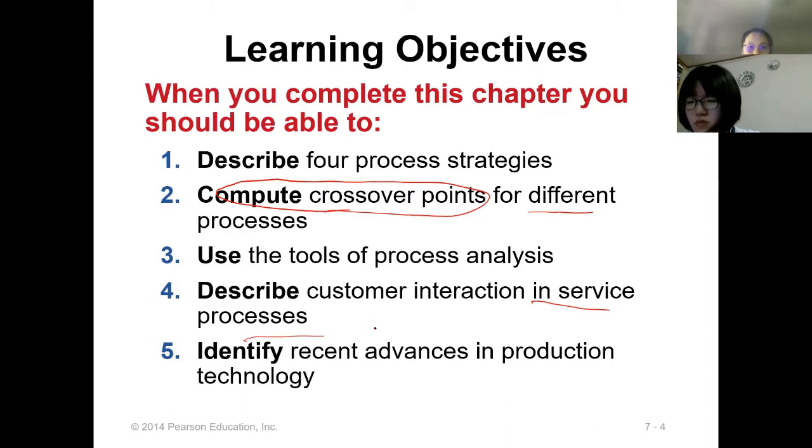We can also look at the recent advances in production technology. Of course, production technology is moving very, very fast today. But we'll just be aware of it. I always say every lecture, I'm not trying to make you an expert in production engineering or technology.